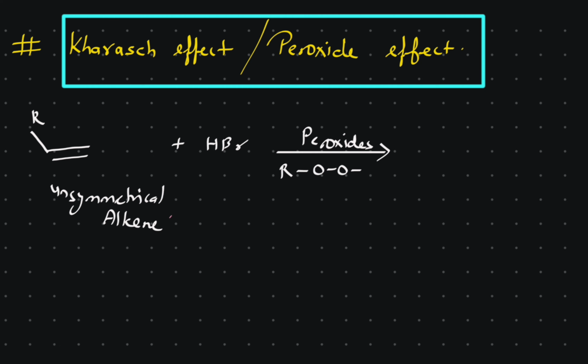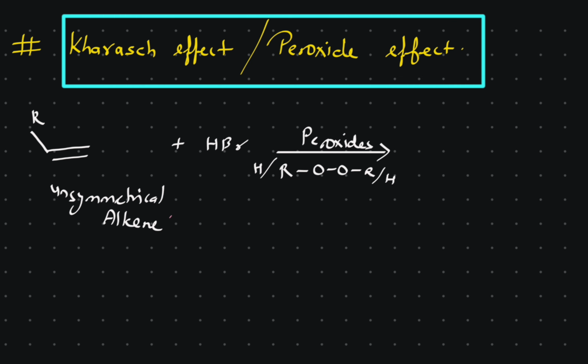It can be R or it can be H. Basically it contains a peroxide bond. Okay, this is called peroxide effect.